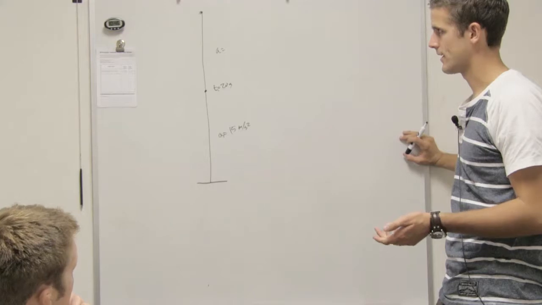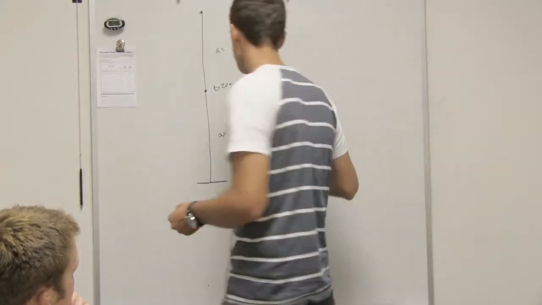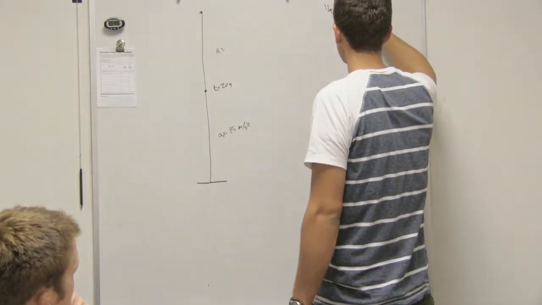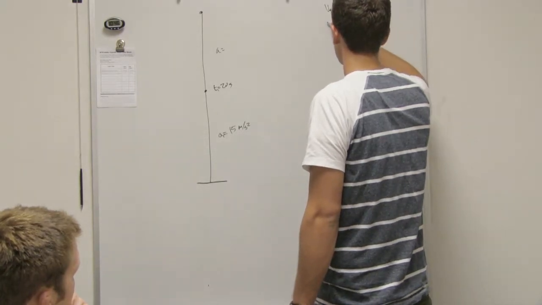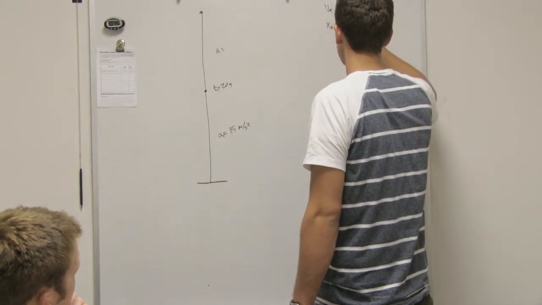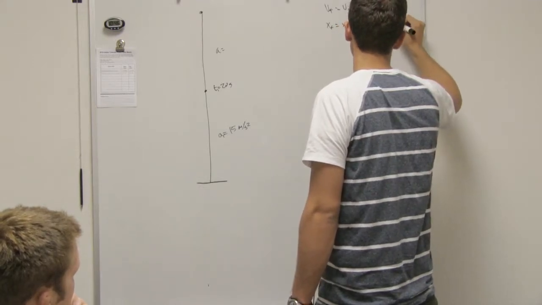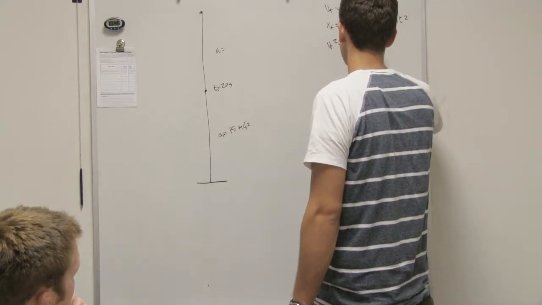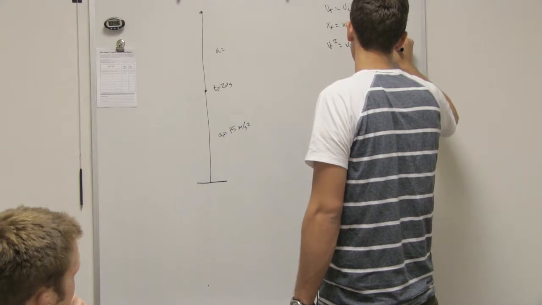And you're like, okay, how am I going to solve that? What you want to do is use these: v final equals v initial plus at, x final equals x initial plus v initial t plus one half a t squared, and v final squared equals v initial squared plus 2a change in x.